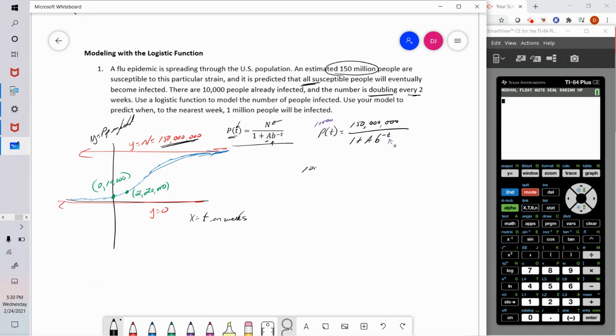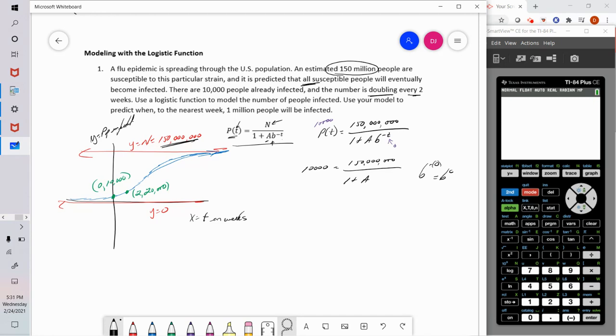So 10,000 equals 150 million divided by 1 plus a. Now b to the negative 0 power is b to the 0, which is 1, and 1 times a is a.